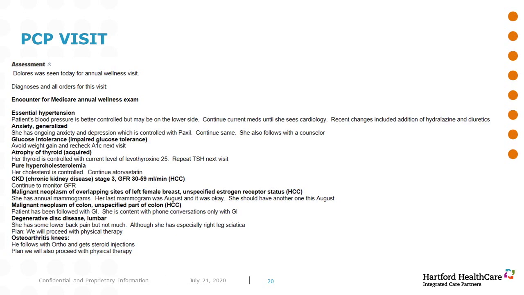Now, this patient has malignant neoplasm overlapping site of left female breast, unspecified estrogen receptor status. They also have malignant neoplasm of colon, unspecified part of colon. It's possible that it's in the patient's medical record, but for this PCP visit, the provider is not indicating if one is primary.